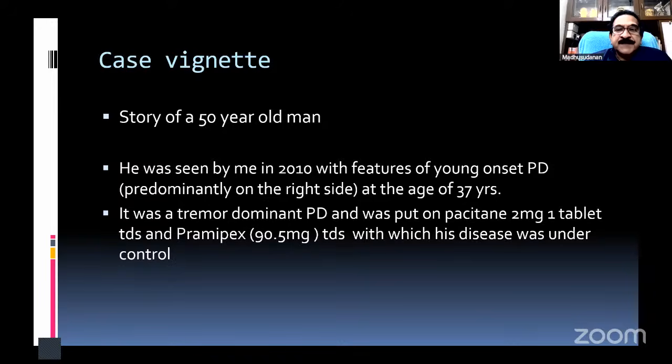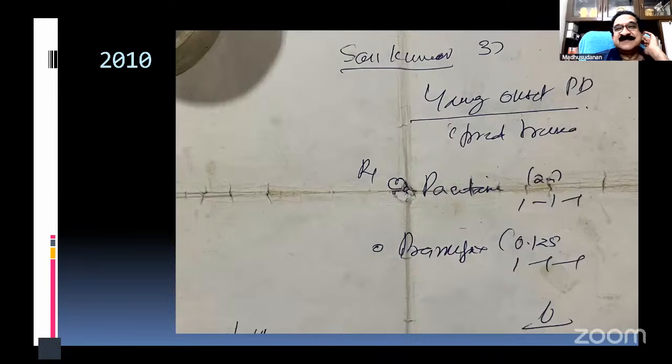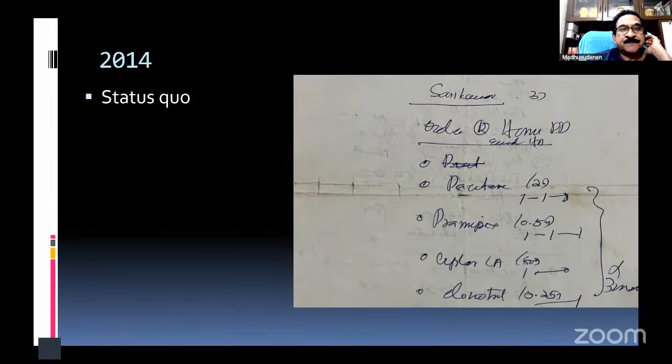It was a tremor-dominant Parkinson disease and he was put on Pacitane 2 milligram, a tablet 3 times daily, and Primipex 0.5 milligram TDS, with which his disease was under control. This is my old prescription in 2010: young onset, tremor predominant, Primipex 0.125, and Pacitane 1 TDS.